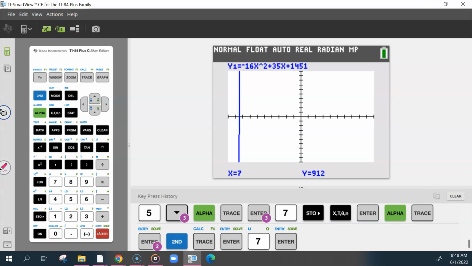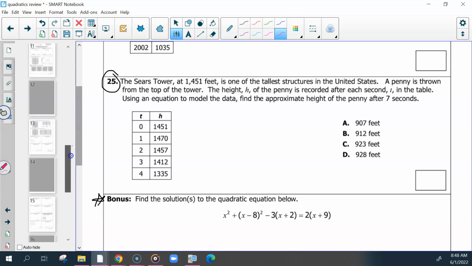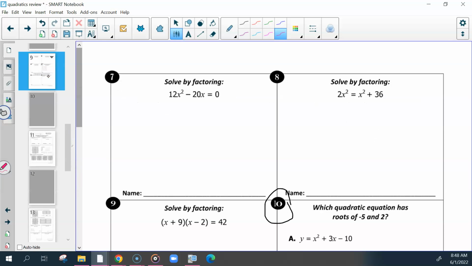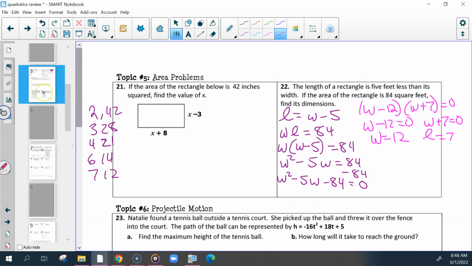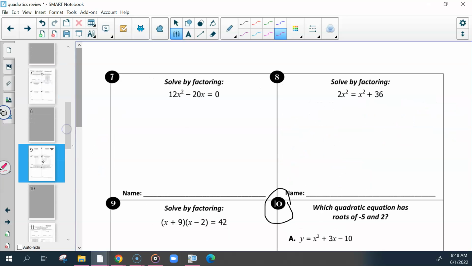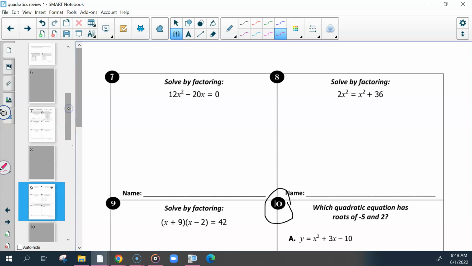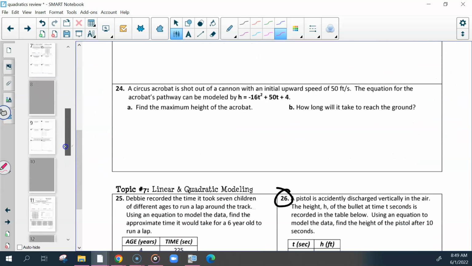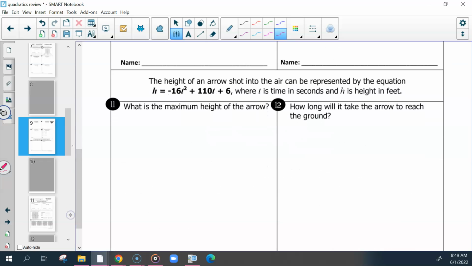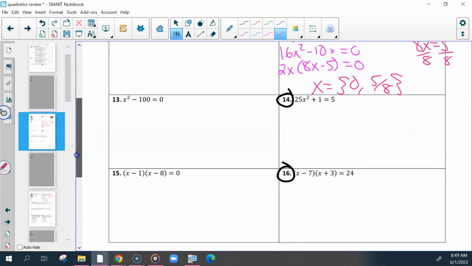We're at 15. I don't think that's it. Which page? I'm just trying to find it. I just went back.